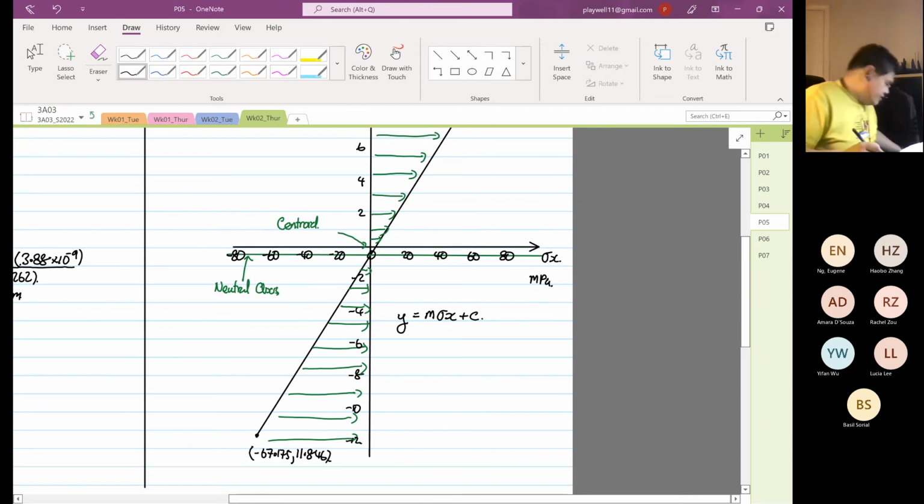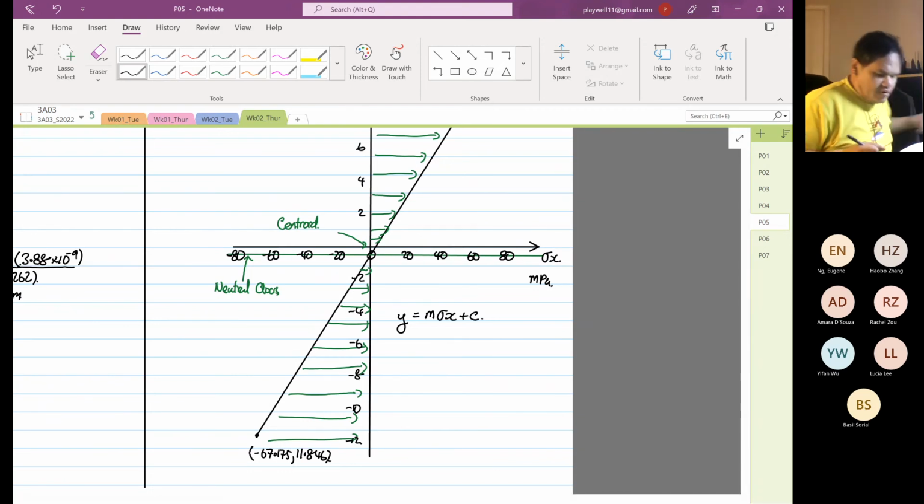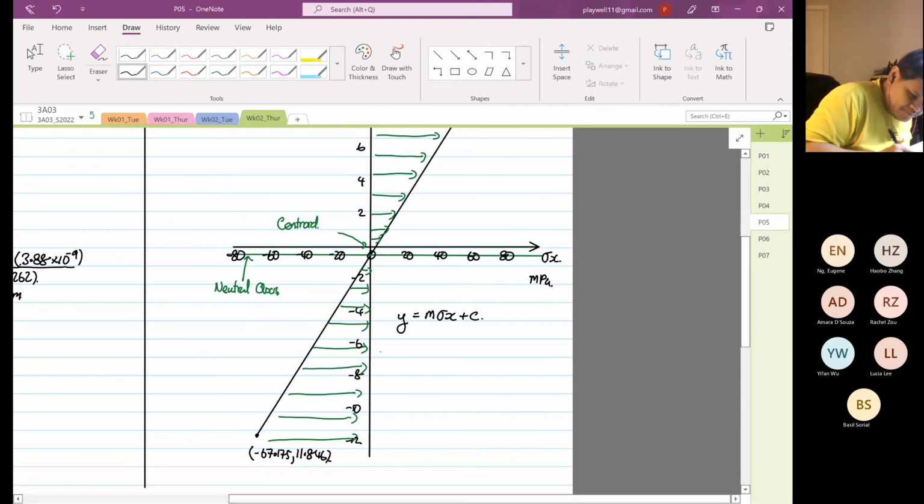You can see it's a linear function. Okay, so to find the gradient, m is equal to change in y divided by change in x, right?